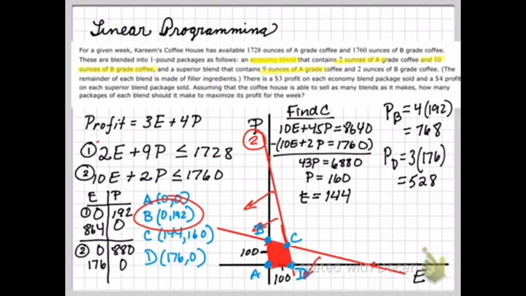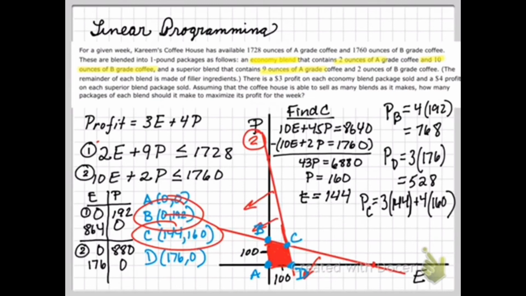Now I'm going to go PC, and PC I'm going to make $3 for each economy, and that's 144. If I look over at corner point C, that says I should do 144 of the economy blend, and then I'm going to get plus $4 for each of the premium blend that I make, and if I use corner point C, I'm going to do 160 bags of that.